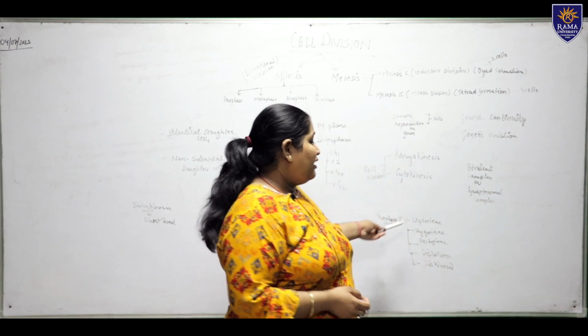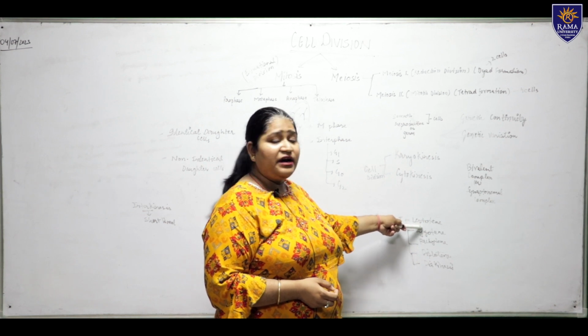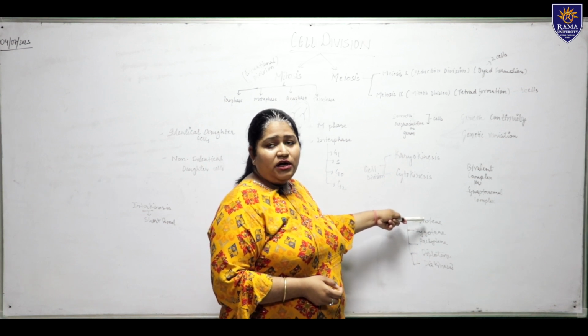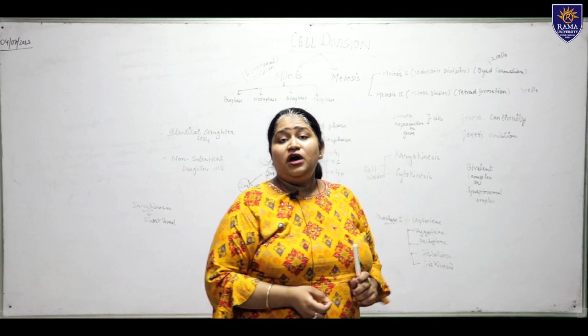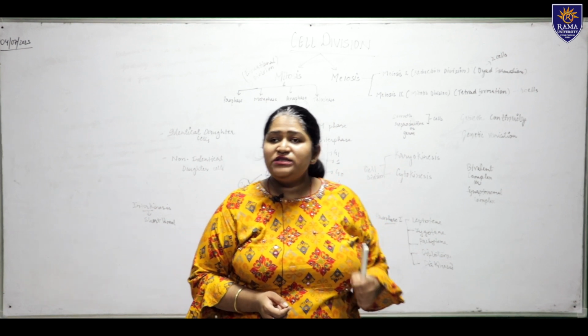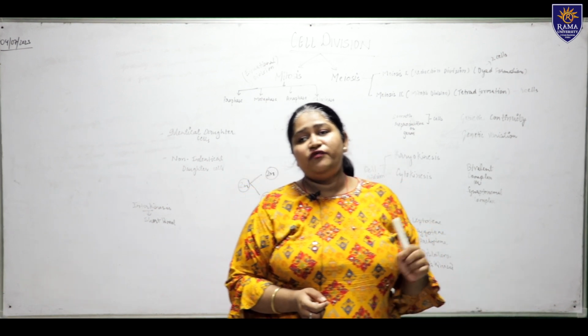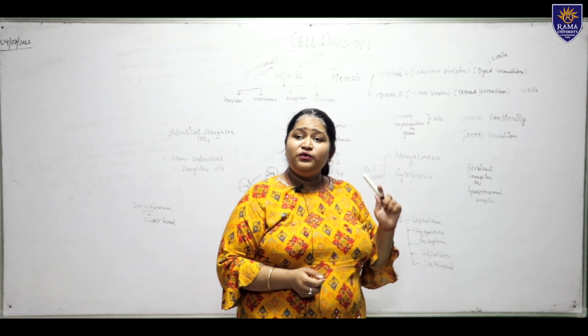In the leptotene stage, there is a disintegration of the nuclear membrane and condensation of DNA material starts, and then in the zygotene stage pairing of homologous chromosomes starts, and after that non-sister chromatids will recombine to form the synaptonemal complex.